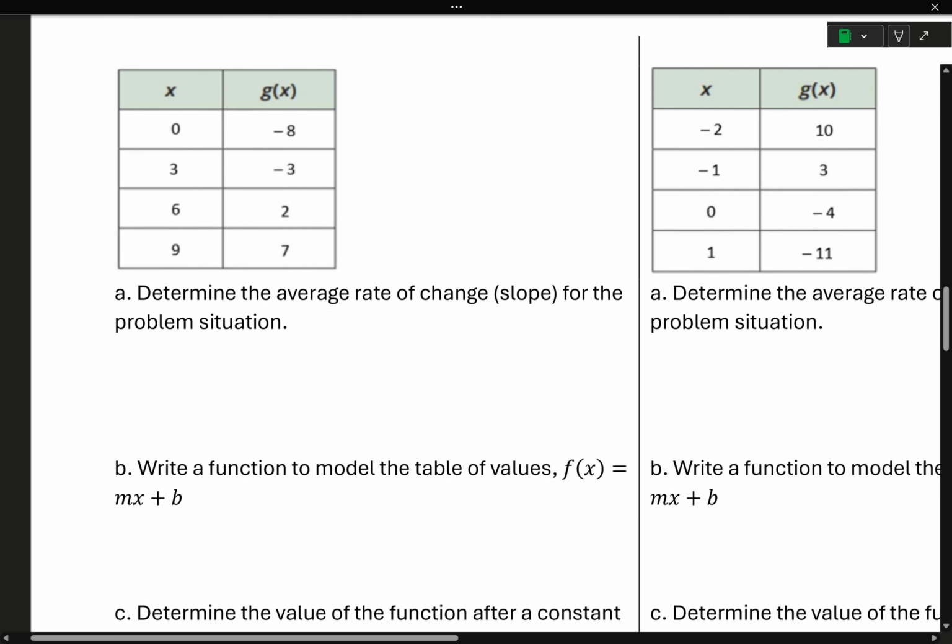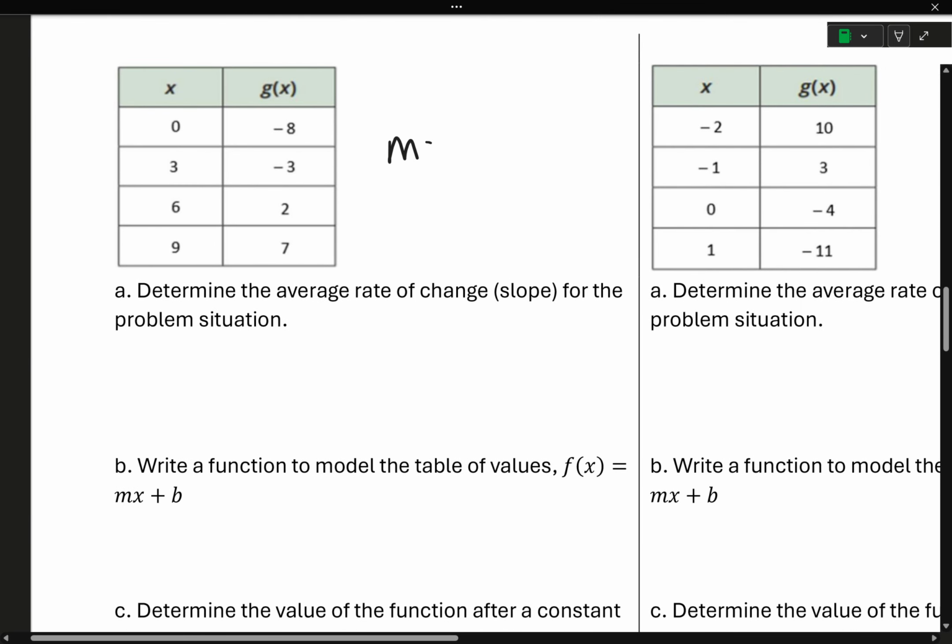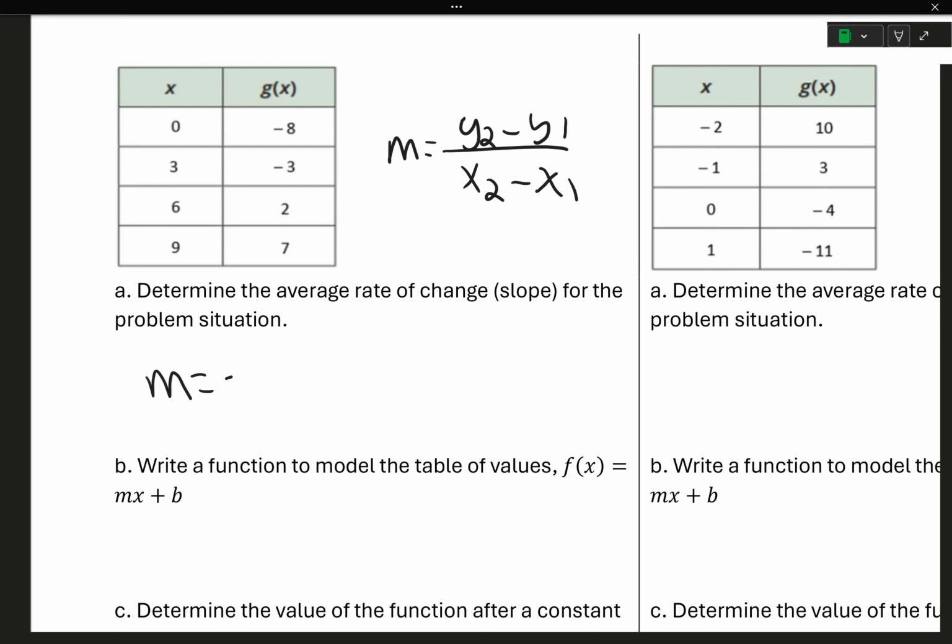Beautiful. All right, I'm going to rewrite the formula for slope here just so we have it in front of us. Okay, let's determine the slope. M equals x1, x2, y1, y2.